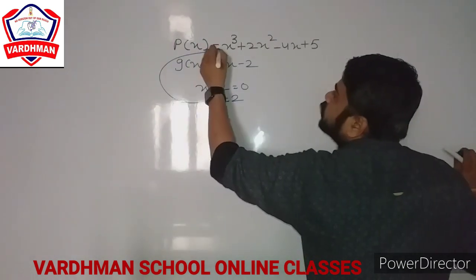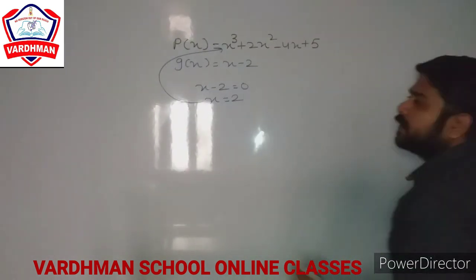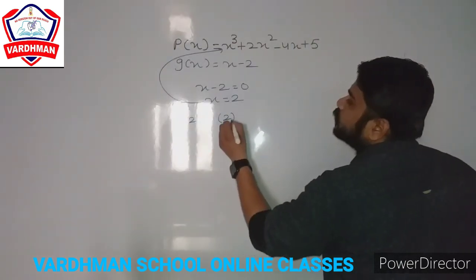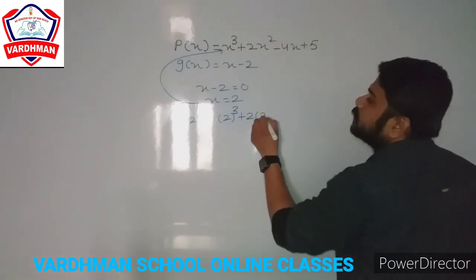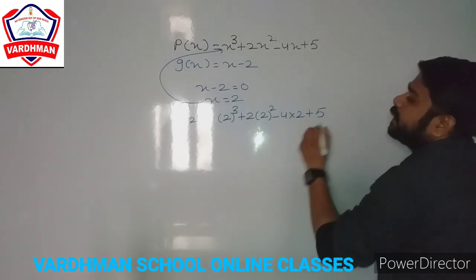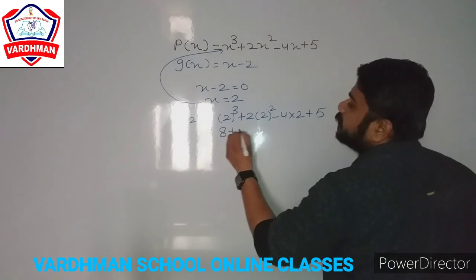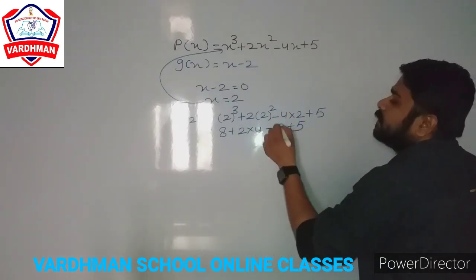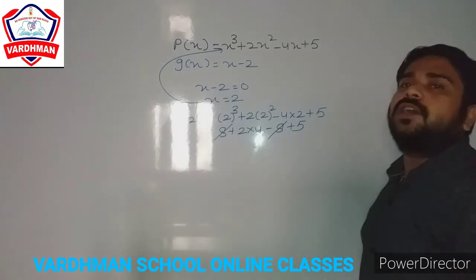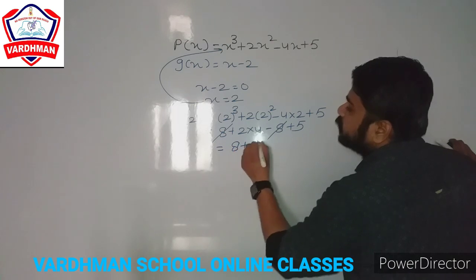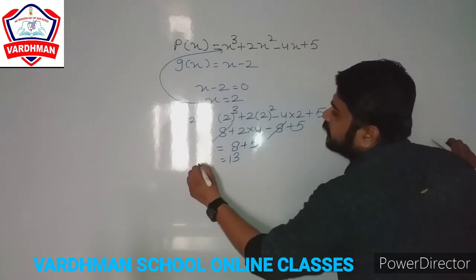Now put this value in this polynomial. Then p(2) is equal to 2 cube plus 2 into 2 square minus 4 into 2 plus 5, that is 8 plus 2 into 4, minus 8 plus 5. 8 and 8 cancel out because of plus and minus, remaining 8 plus 5, that is 13.